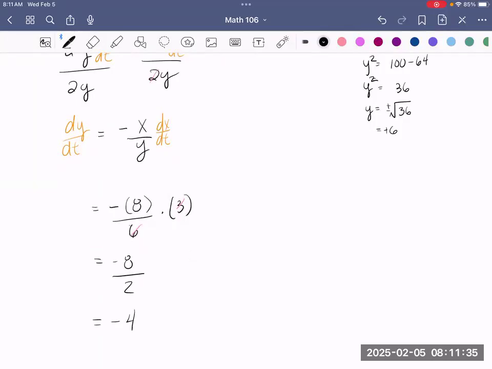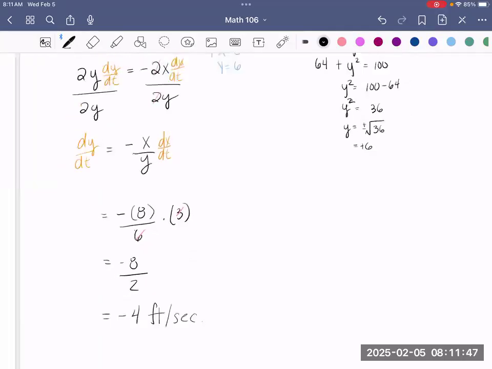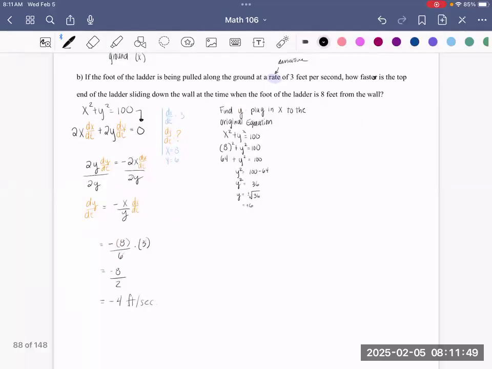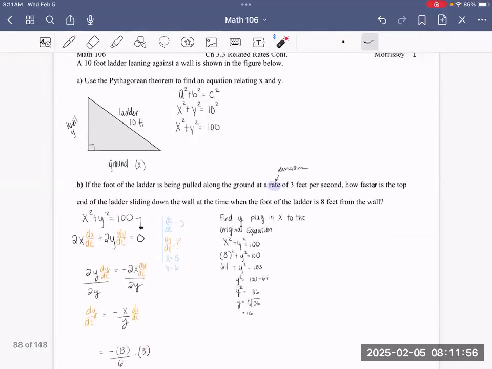Now, units here, we're talking about feet. Your ladder is in feet. We're also sliding down the wall in seconds. So we have feet per second. Now, when we talk about what this actually means, we are trying to figure out how fast the top end of the ladder is sliding down the wall. If it's sliding in a downwards motion, we should have a negative value.